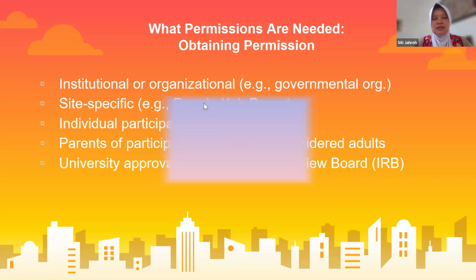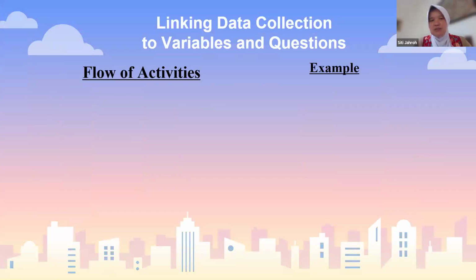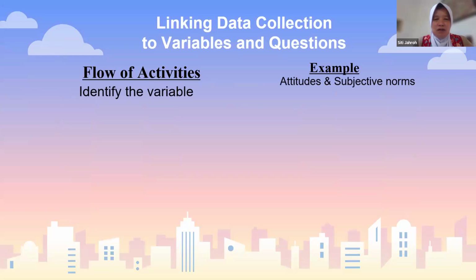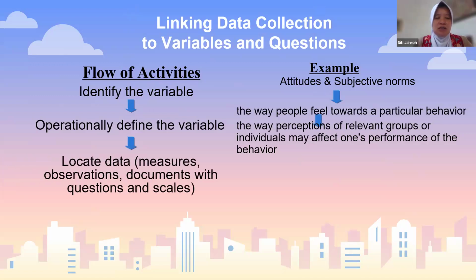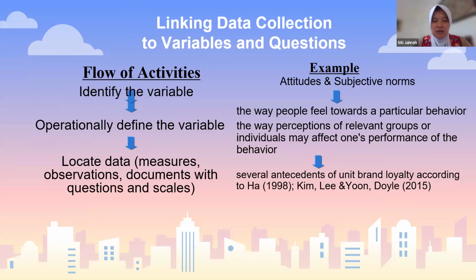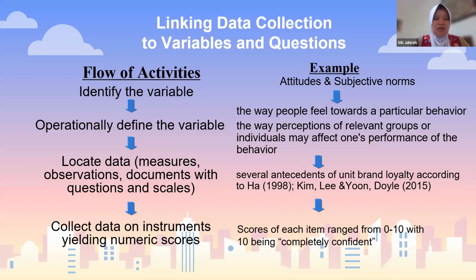And then, for the variables, this is the sample activity. First, you identify the variables, for instance the attitudes and the subjective norms. Second, after you know the variables, what is the operational definition of that variable?